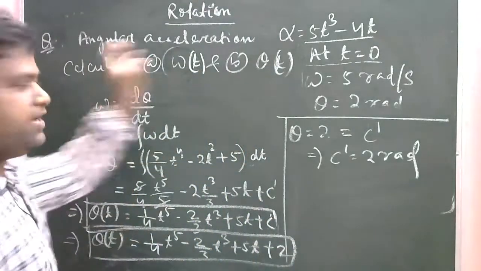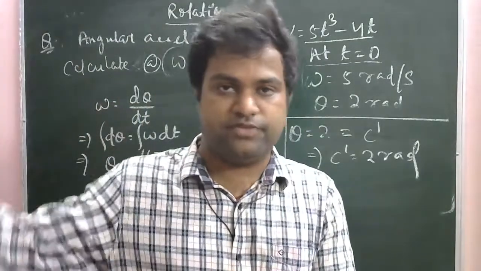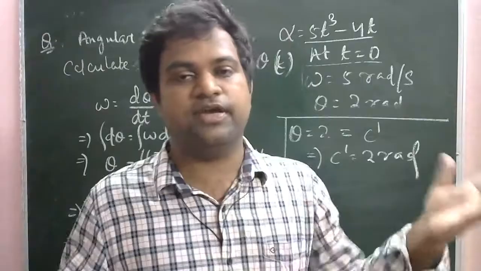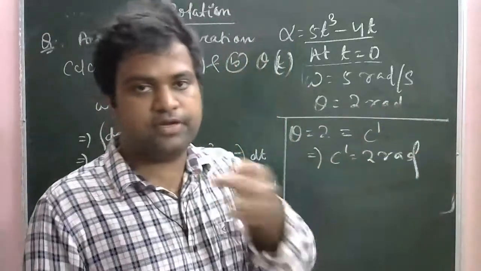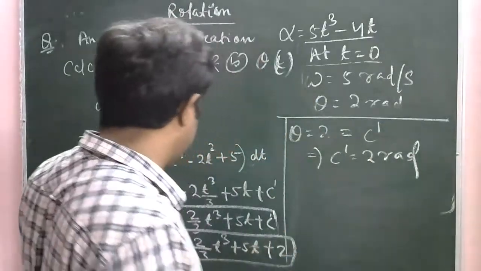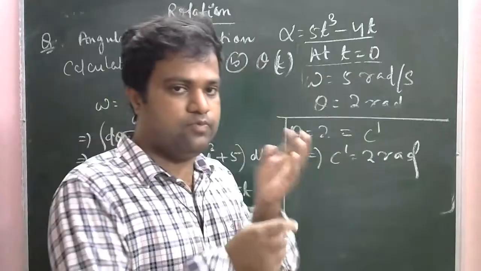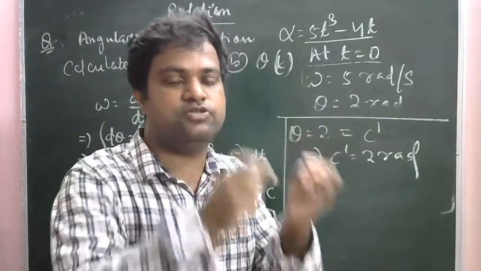Now, once you get an explicit expression in terms of time, for any time you can calculate what is the position of the object, as the object is revolving around an axis. So once you get the theta, you can calculate at a particular time, at 5 seconds, at 6 seconds, at 7 seconds, what is the exact position of the object.